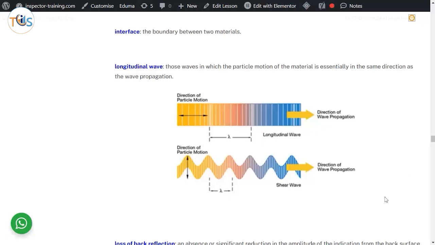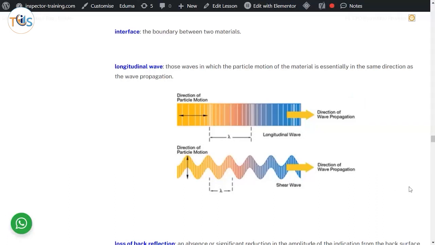Whereas the shear wave is sinusoidal and vibrates perpendicular to the direction of wave propagation. So in longitudinal, it expands and contracts, with the direction of particle motion along the wave propagation, whereas in shear wave it is perpendicular to the direction of wave propagation.